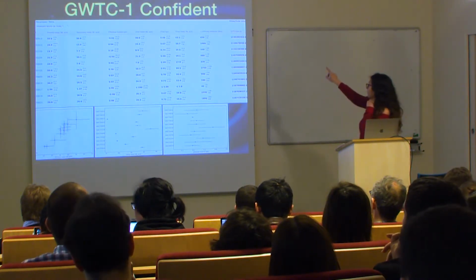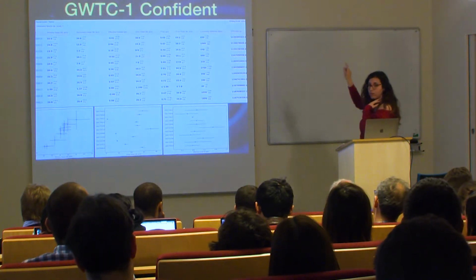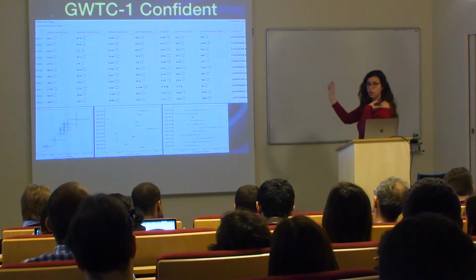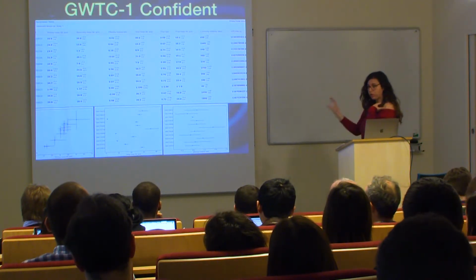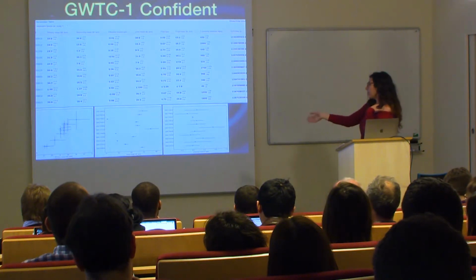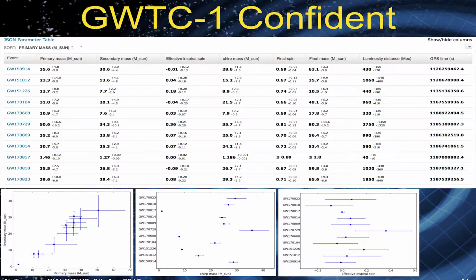In the upper part where it's written show hide columns, you don't see, but there is a click where you can change which columns you want to see. At the bottom of the same page, you will see some automatically generated plots, like the one I put here. Then let's assume that you click on one of these events, on the left side that is in blue.